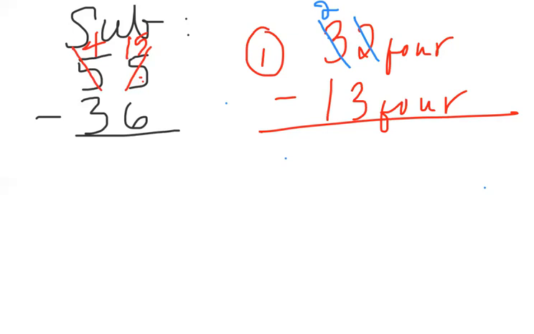Yes, 6. The 1 that you borrowed is equivalent to the base. What is the base? 4. 4 plus 2 is 6. Now you can carry out the subtraction. 6 take away 3, that's 3. 2 take away 1 is 1. And there you are.